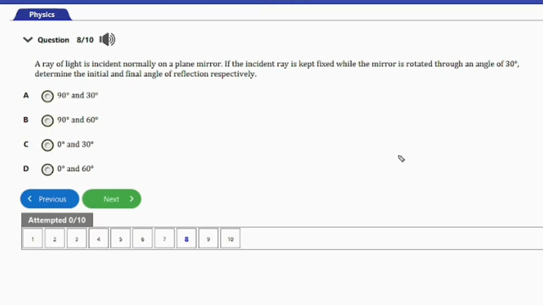So we have option A 90 and 30, option B 90 and 60 degrees, option C 0 and 30 degrees, and option D 0 and 60 degrees. So guys, the answer to this question will be option C, and that's 0 and 30 degrees. So let's go ahead and consider the next question, guys.